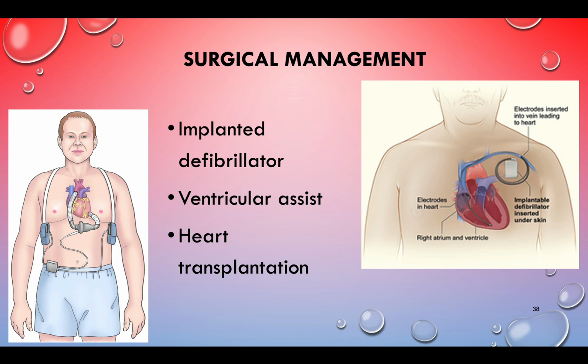You can see on the left here a ventricular assist device, which is an external piece of machinery that helps the ventricles squeeze harder. And then ultimately, heart transplantation could be a thing for these people. So just a little bit there about surgical management.